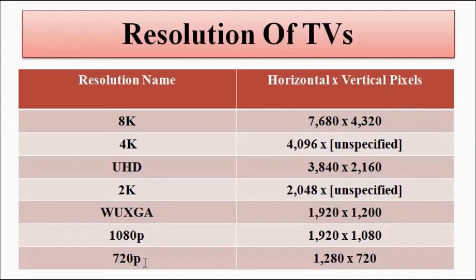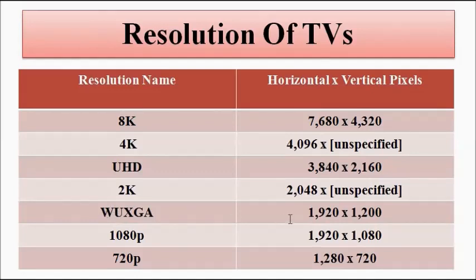The 720p will start from the bottom. It has horizontal into vertical pixels of 1280 into 720. The 1080p is 1920 into 1080. This is the widescreen ultra extended graphics array, WXGA.